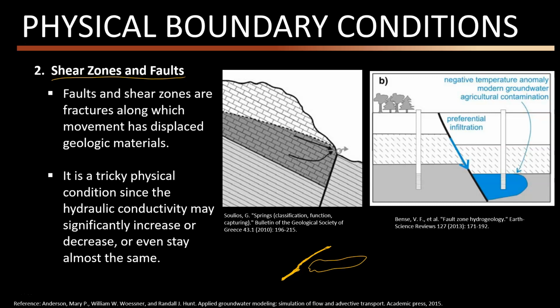In some cases, as you see here, if this is one layer and it has been displaced like this, and this is, for example, a shallow aquifer, and the groundwater reaches here, there are three possibilities. It may reach a very conductive system, like an open pipe system which can easily transport water, or a very low hydraulic conductivity system which may act like a barrier, or even in some cases, although there's a shear there, we don't see that much difference between the hydraulic conductivity or hydraulic conductance of the system in that area.